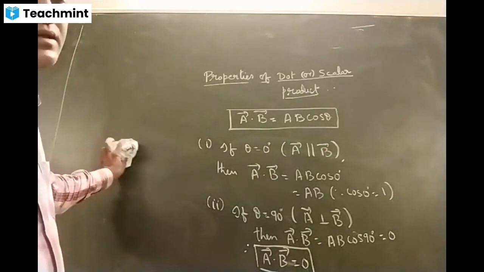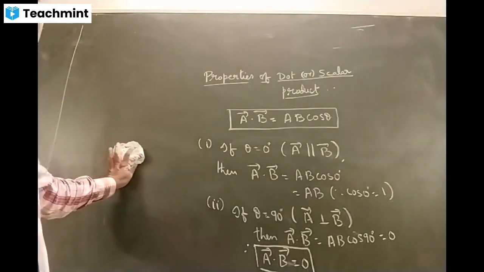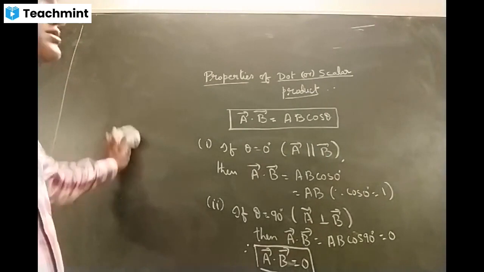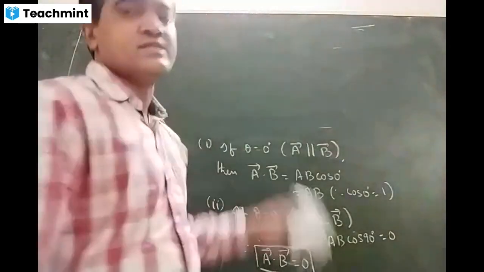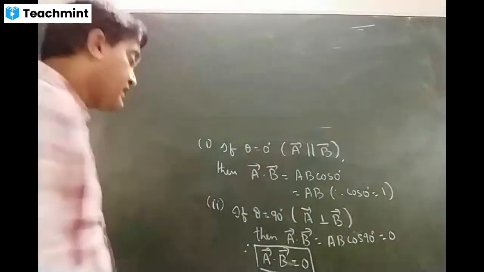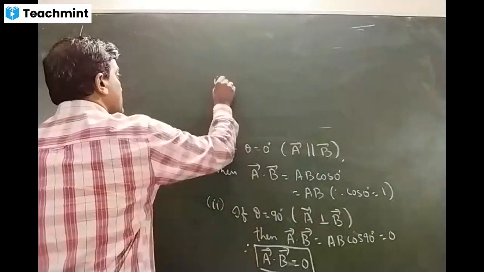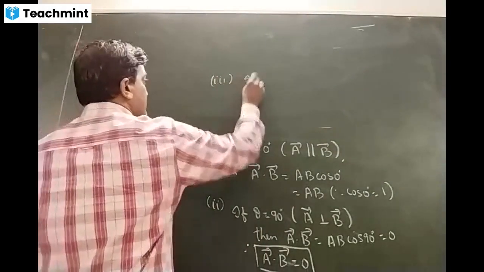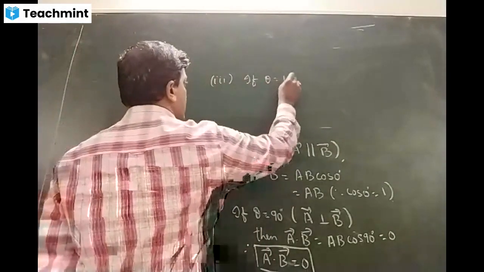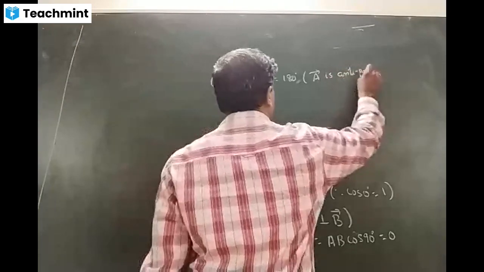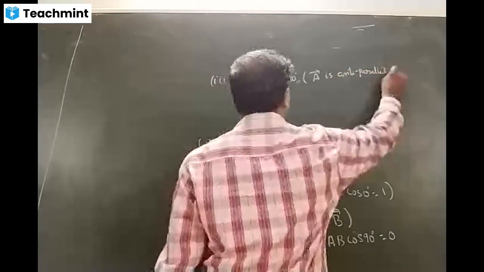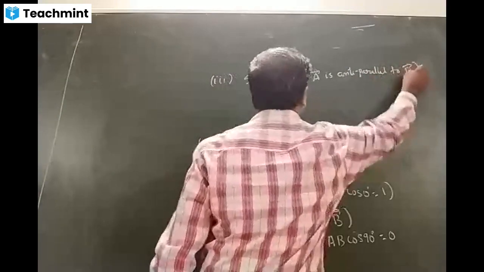This is the second property. Now if the angle between two vectors is 180 degrees, that is the third one. I can say that A bar is anti-parallel to B bar.